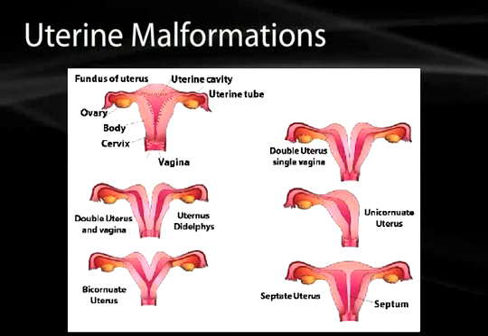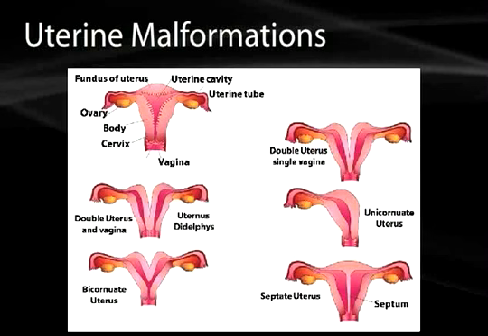Now, as we think about uterine malformations, the paramesonephric ducts, if they don't come together properly, will obviously have malformations to the uterus. The regular uterus is seen superiorly of how they fuse together properly. We've seen this picture earlier.